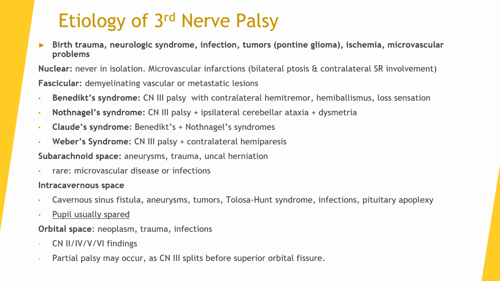And lastly, closer to the eye, the branches of the third nerve, except for the parasympathetic branches, can be affected, also known as pupil-sparing isolated palsy. So largely we'll cover these categories: nuclear, fascicular, subarachnoid space, intracavernous space, as well as the orbital space.